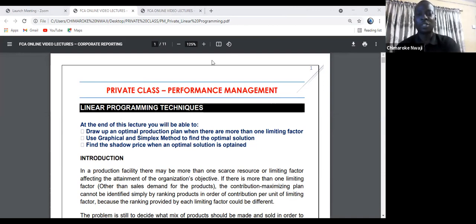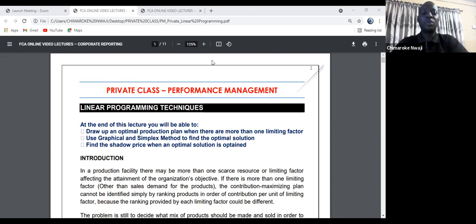Thank you so much. Now, the topic we are taking today is linear programming techniques. At the end of this lecture, you will be able to draw up something that we call an optimal production plan when there is more than one limiting factor.